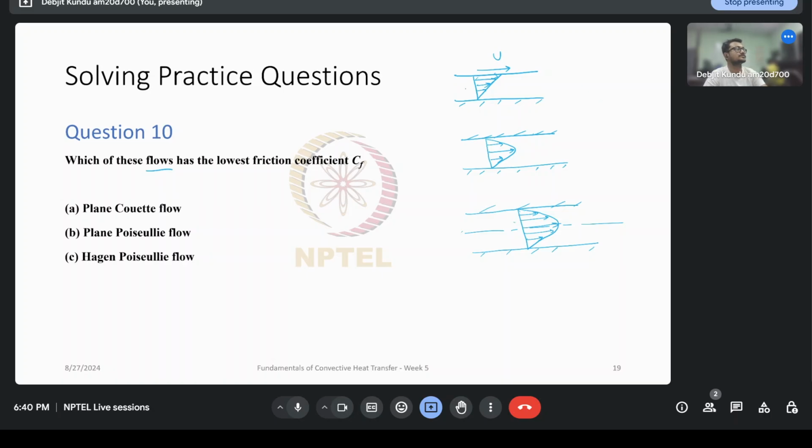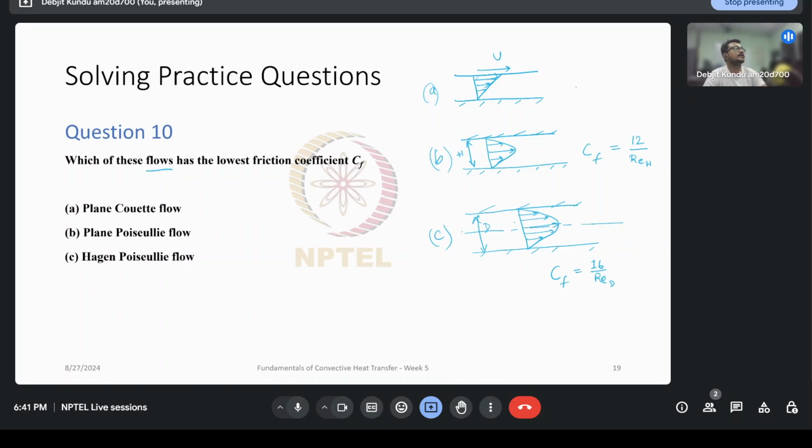Among all these three options, so this is option A, this is B, this is C, which one has the lowest friction coefficient C F? For Hagen-Poiseuille flow, we already calculated the C F, which turned out to be 16 over Re D, given the Reynolds number is taken with respect to the diameter D. In case of a plane Poiseuille flow, if we calculate, we will see that C F becomes 12 over Re H, where H is the separation between these two flat plates.